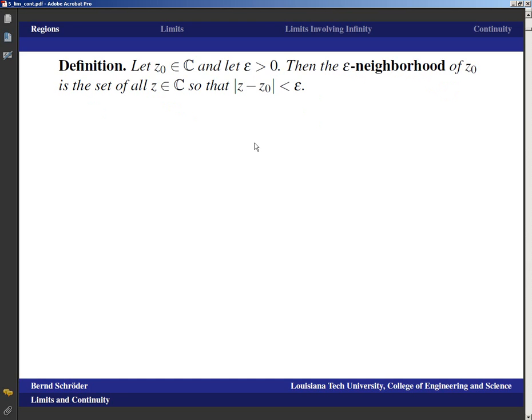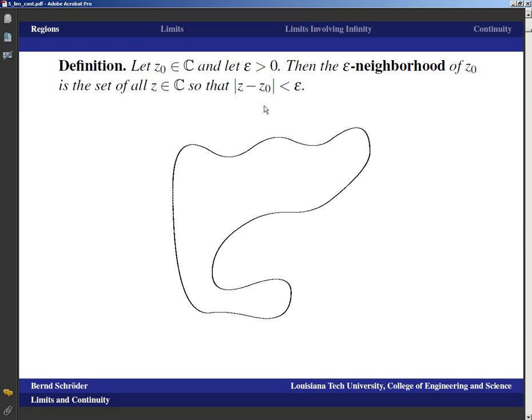So this is the set of all complex numbers that are closer than epsilon to our center point z0. This is the formal way to encode closeness. If we've got a domain somewhere and a number z0, then if we put a small circle around it of radius epsilon, that is the epsilon neighborhood of z0.